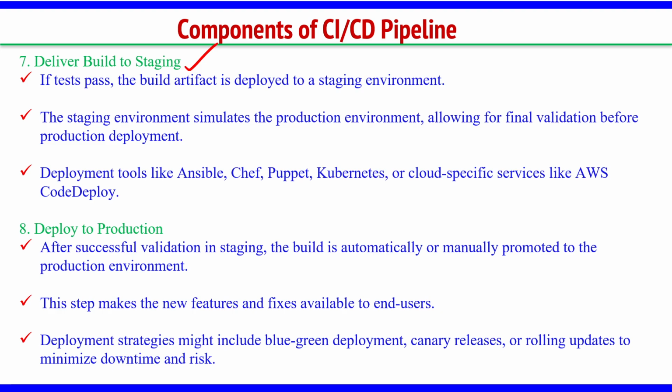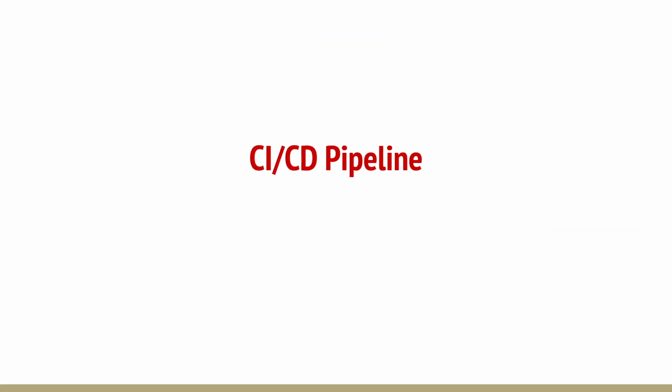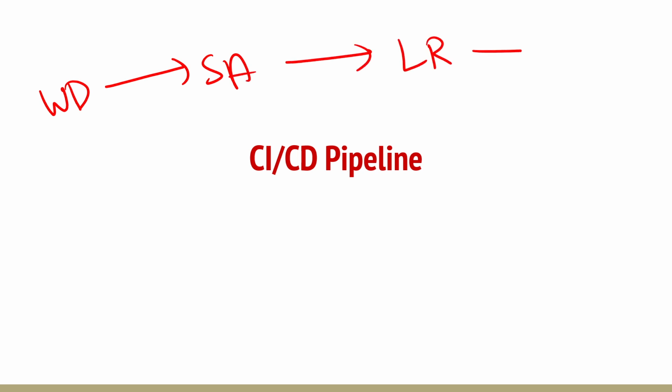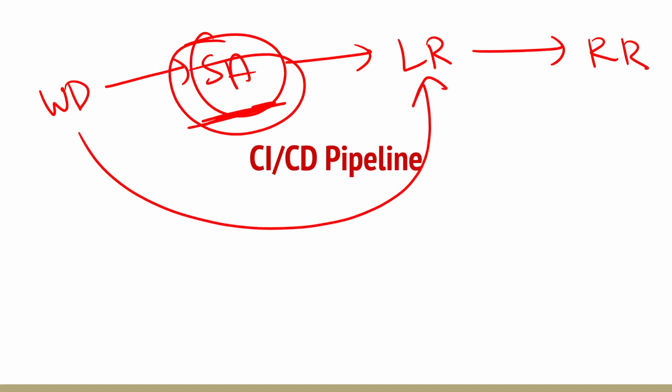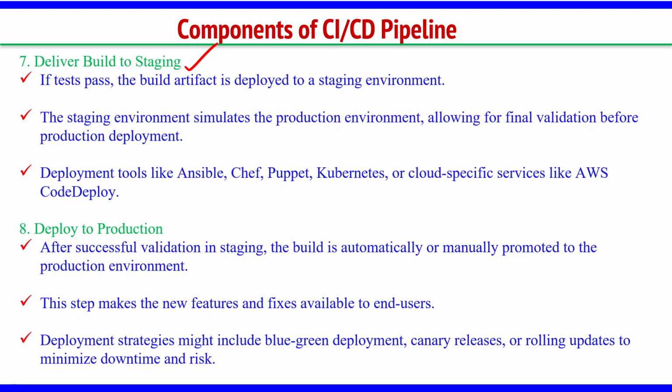Even in Git we have seen this: from my working directory I send to the staging area, from there to the local repository, and then to the remote repository. So staging is mandatory. It's an intermediate area. Before moving the code to the local or final repository, we keep it in the staging area. The same approach is followed here.